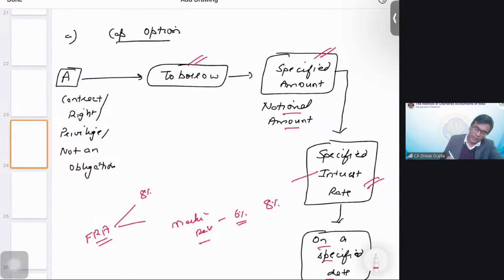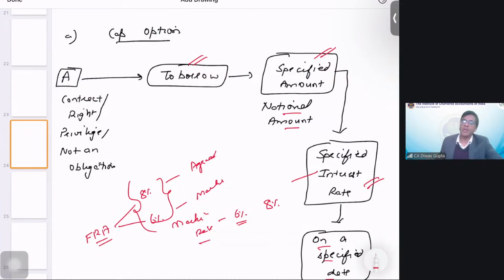Let's say your forward rate of agreement is 8%, your market rate is 6%. Yes, very good, Sachi, you're right. So the similar situation is here. FRA is this much, but actual market rate is this much. Very good, Saminathan.